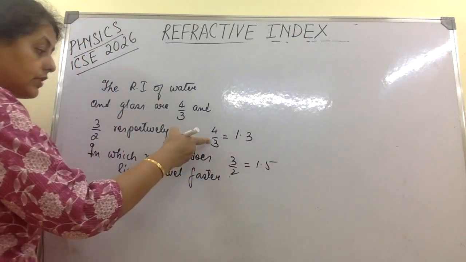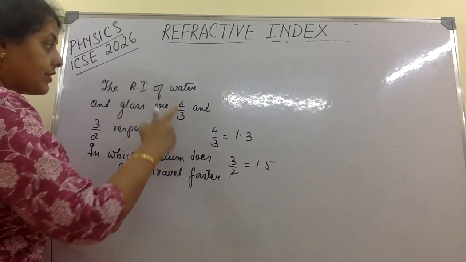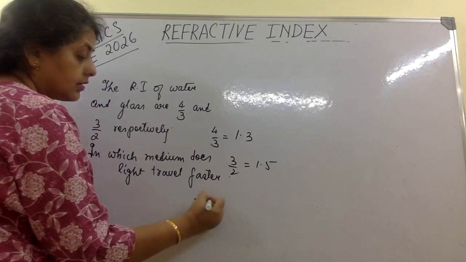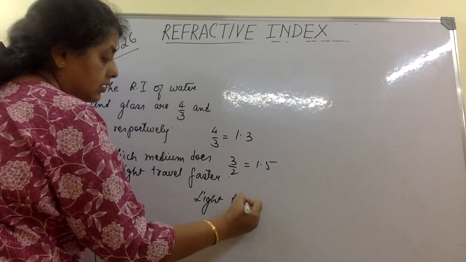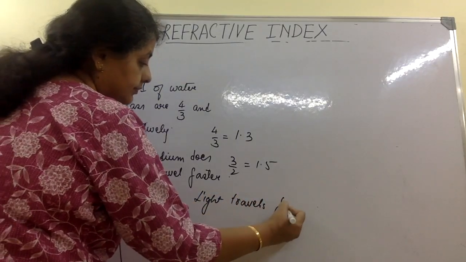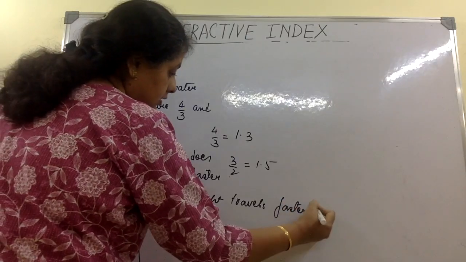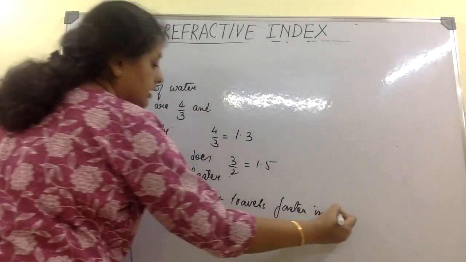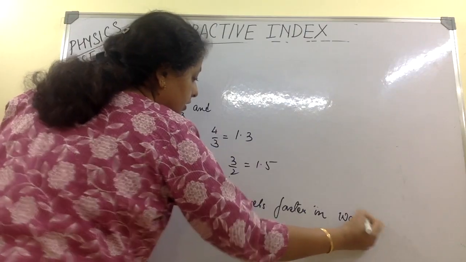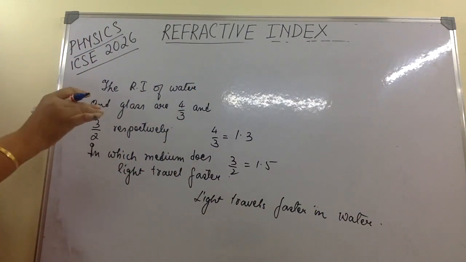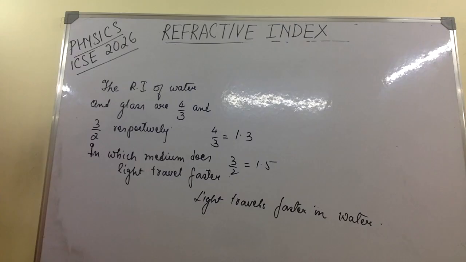This is the smaller one. Therefore light travels faster in water, because I have told already previously that lower the refractive index, faster is the speed of light.